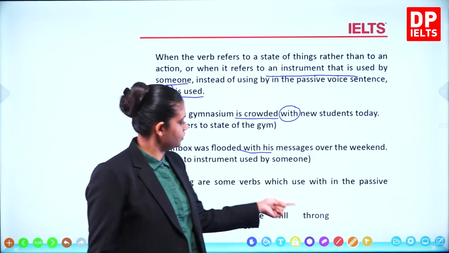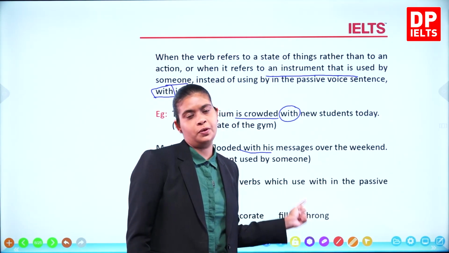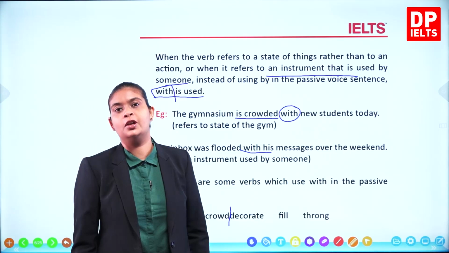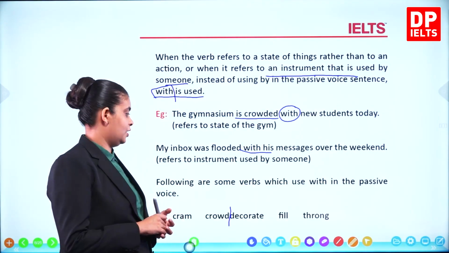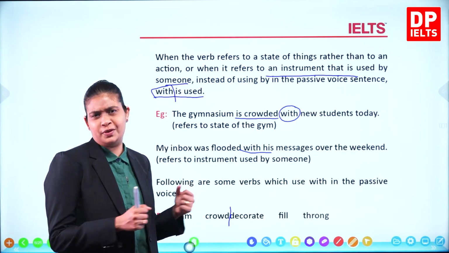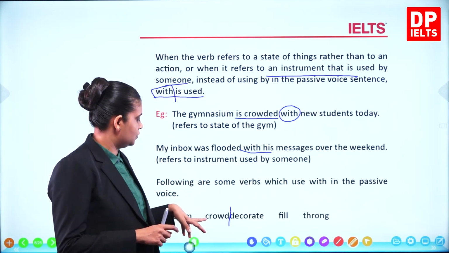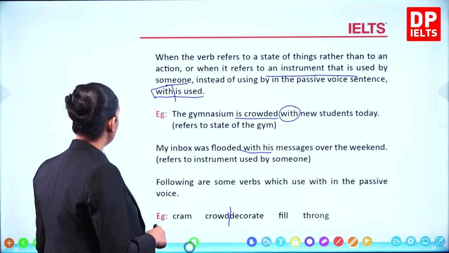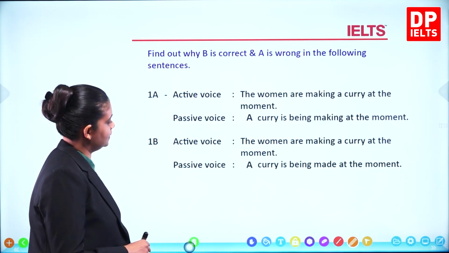So in case you don't know what throng means, before we go to the next slide, throng means a large crowd of people or animals. Right, and also in case you don't know, cram means when you feel really uncomfortable, right? So crowd, decorate, fill and throng. All right, moving on, let's have a look at the next one.